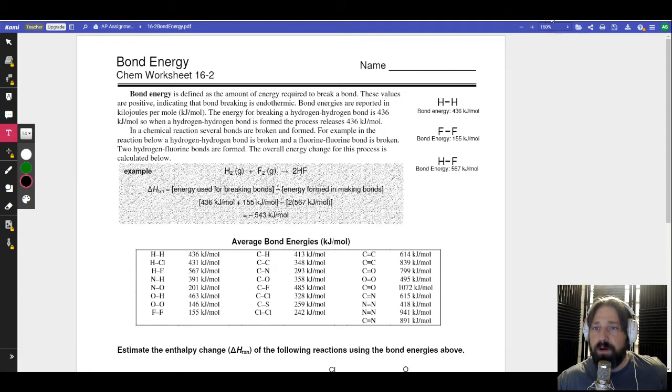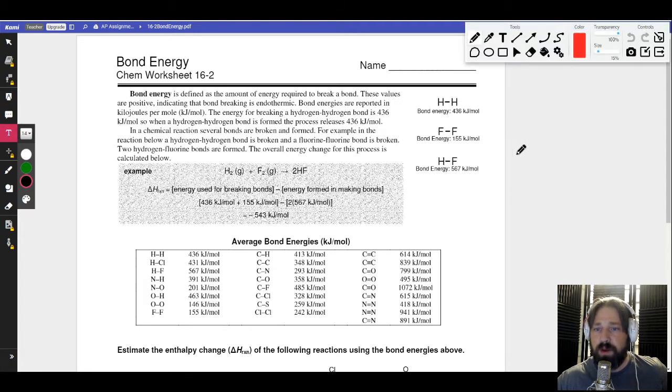And remember, if you remember this little graph, this can help you remember: if I break a bond, is that going to be releasing or absorbing energy? If I make a bond, is it releasing or absorbing energy? One way to think about it is like this.